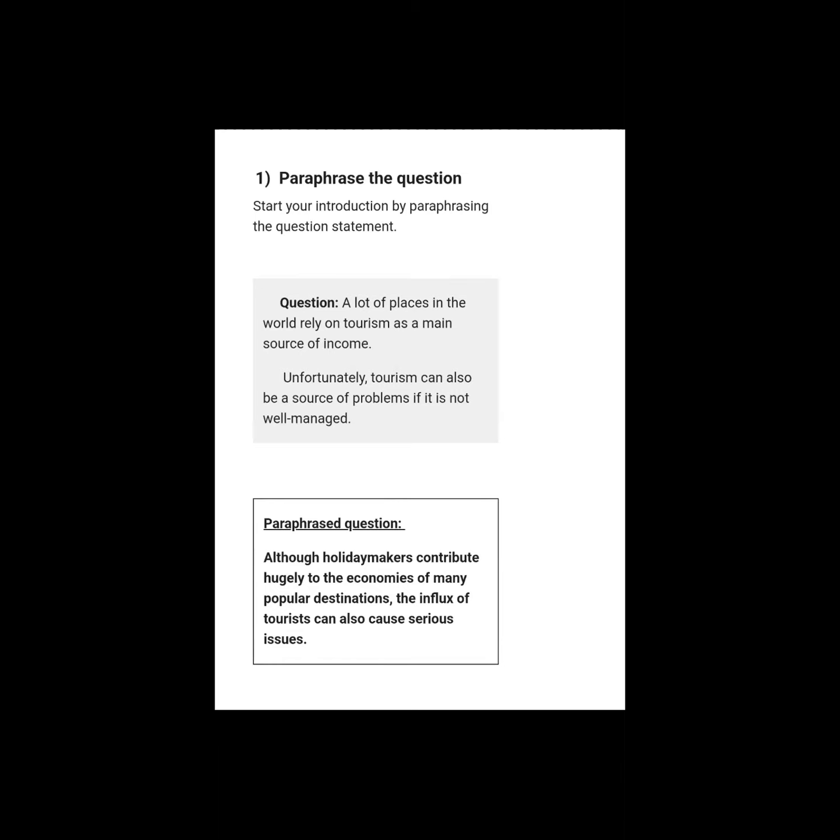And then the word here is replaced with popular destinations. Then going forward, it said the influx of tourists. So instead of saying tourism again or holidaymakers again, it's now saying the influx of tourists can also cause serious issues. So instead of saying be a source of problem, they say can cause serious issues. So you see how they change every word and it still means the same thing.